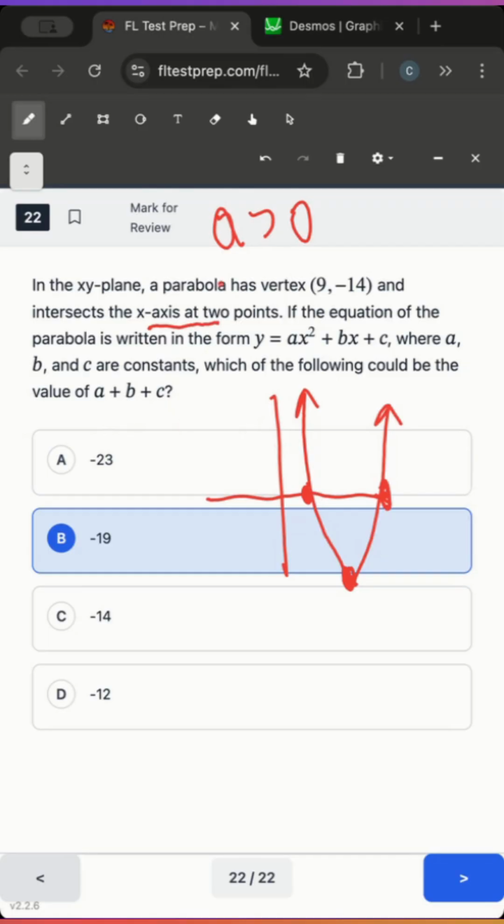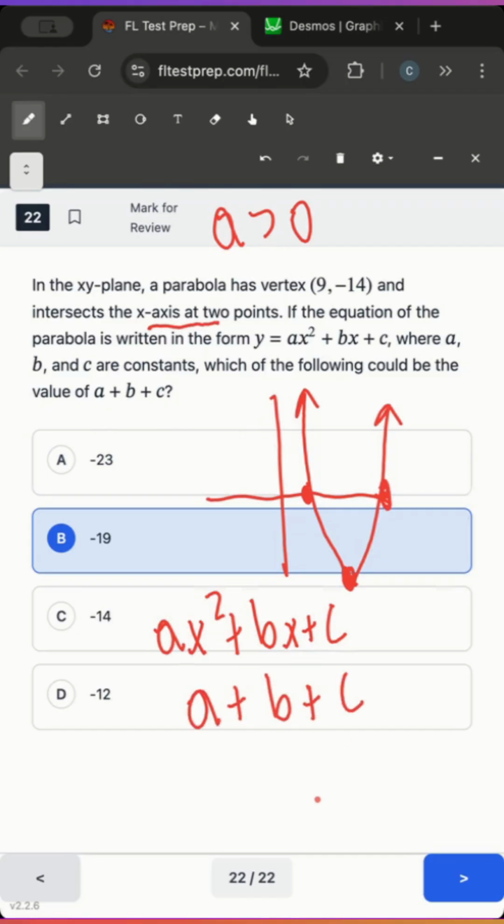And so here's the fastest way to solve the problem. What you want to realize is when I have an equation like ax squared plus bx plus c, and they're asking me, well, what is a plus b plus c? I know the vertex is going to be 9, -14.